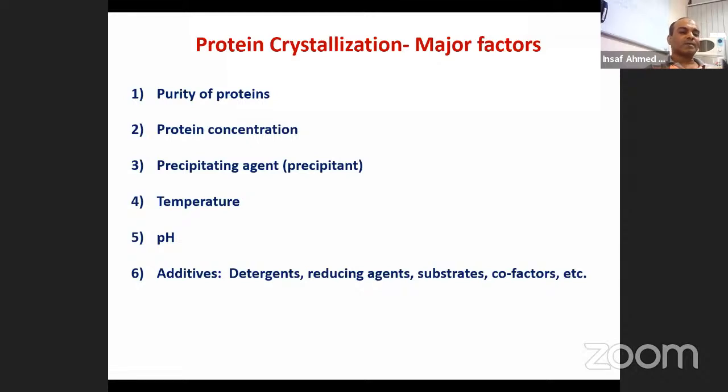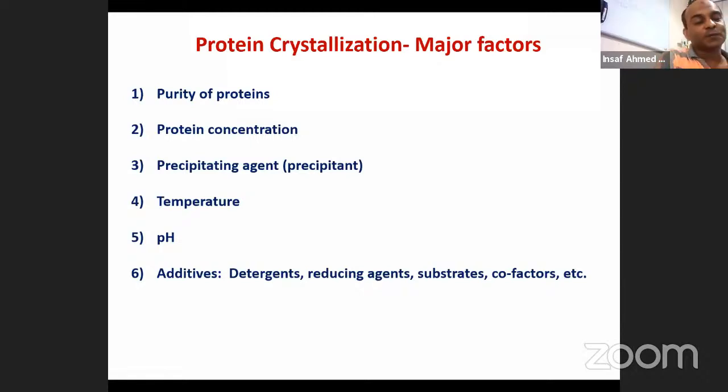Then I discussed with my mentor, and we realized, maybe this protein is highly dynamic, or highly flexible. Let's try with its cofactor or its substrate. The substrate was FK506. We added FK506, the protein crystallized happily, and we got the structure. And since we got the structure, I got a position.